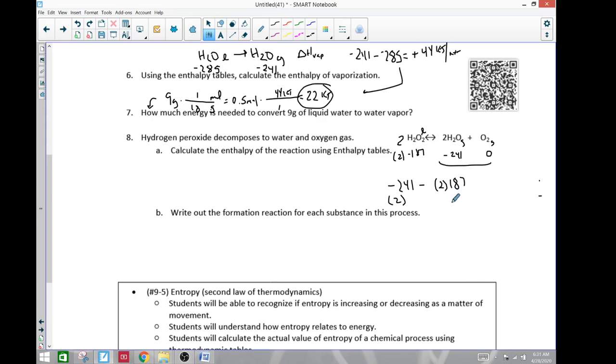All right, so this here is 482, and it's negative, minus 2 times 187. 187 times 2 equals negative 374.